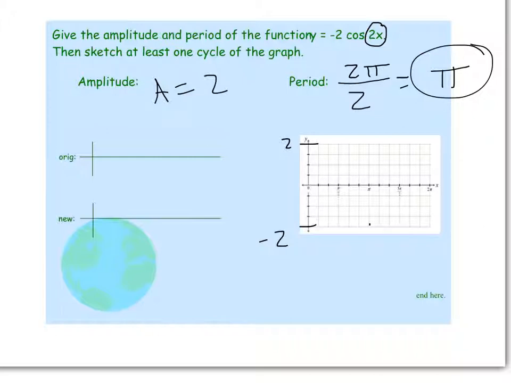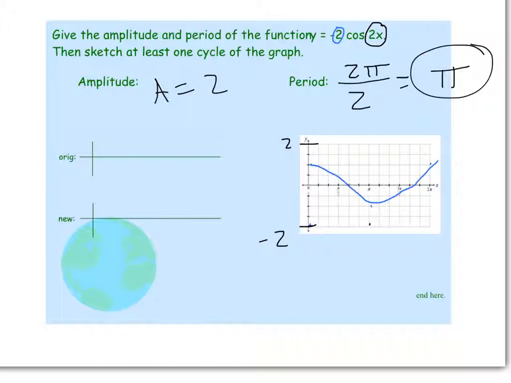I'm going to put the original one in blue, actually. Starts at 1, bottoms out at pi, finishes at 2 pi. Okay, this graph is cosine of x. This 2 for the amplitude stretches it. The negative sign, which we haven't talked about until right now, means it starts at the bottom instead of the top.